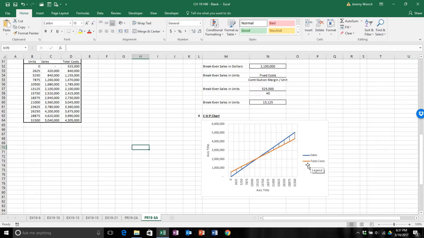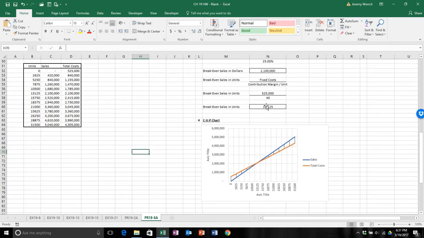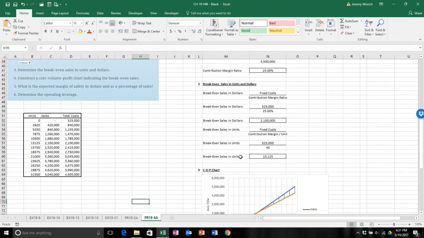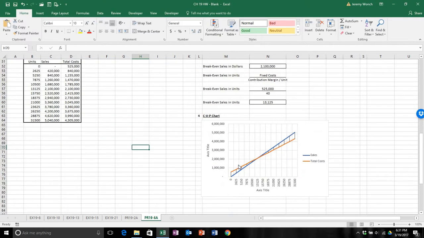Now our total cost is a little bit different because it doesn't start at 0, because we have fixed costs of this 525,000. Fixed costs automatically start even if we don't sell anything at 525,000, and then it slowly goes up by our variable cost, which was $120 a unit.